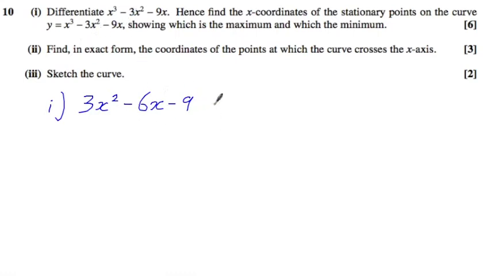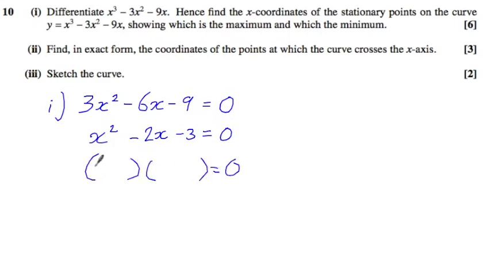So this is our dy by dx, so we've got to make that equal 0 to find the x coordinates of the stationary points. So if I divide everything by 3 to make factorising easier, that will give us x plus 1, x minus 3. So we know the x coordinates will be minus 1 and 3.